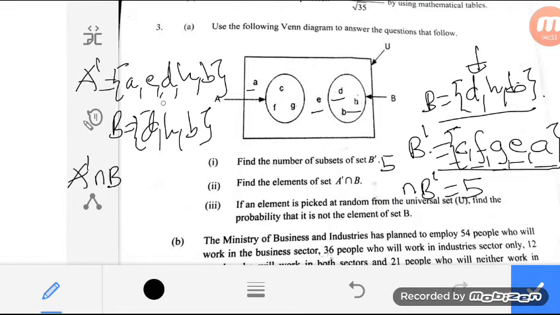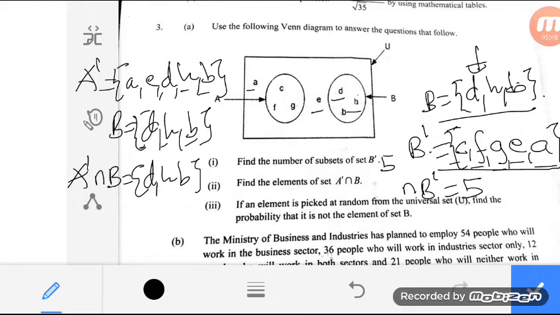D and D here, so we have D. H and H here, and B here. So D, H, B are the elements of A complement intersection B.